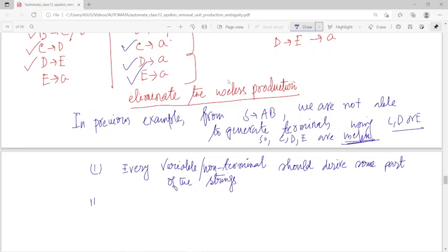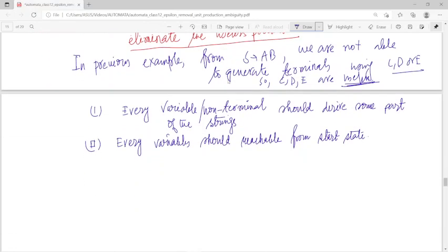And the second thing you can say is, every variable should be reachable from the start state. That means every variable should be reachable from start state.